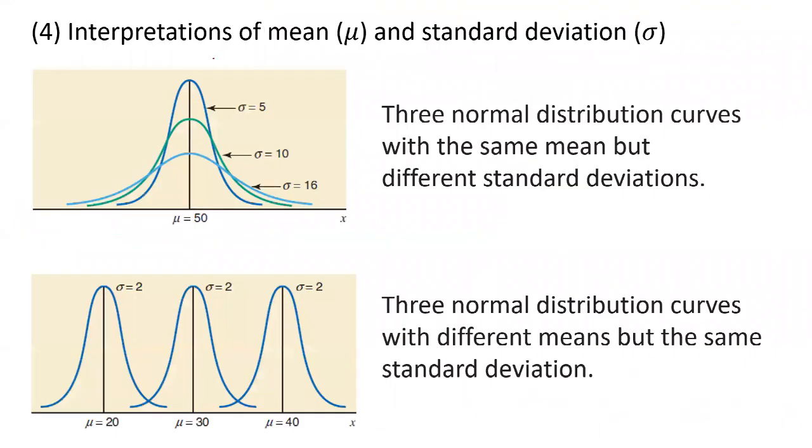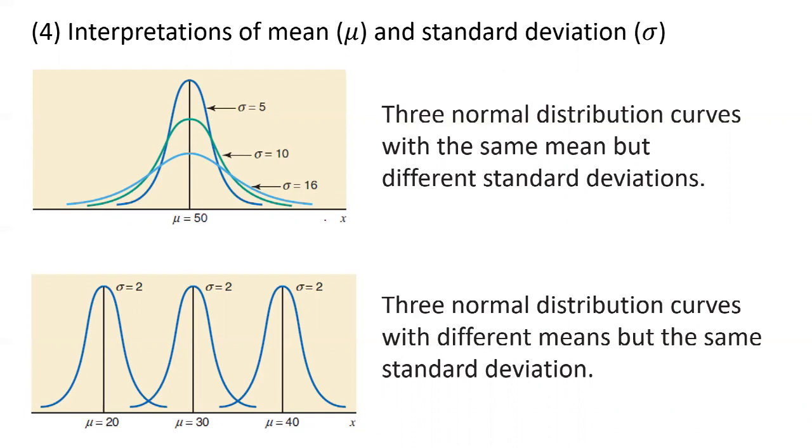Okay, next, you need to be able to interpret the mean and standard deviation for a normal distribution. Actually, the mean decides the relative position of this normal distribution. The standard deviation decides the shape or dispersion of the data.